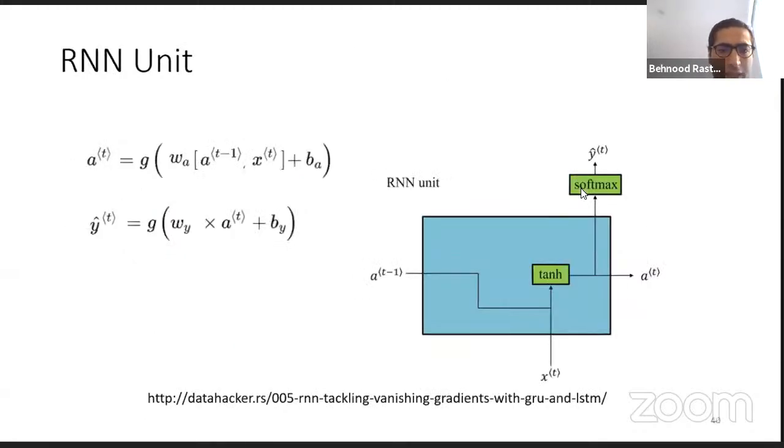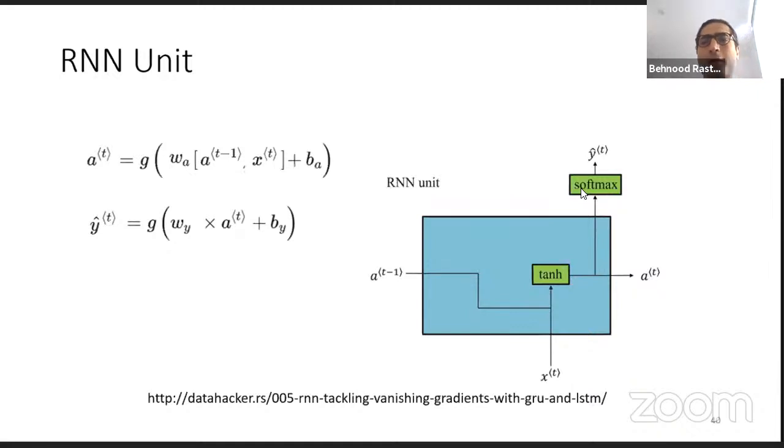So, as we already discussed before, there's another problem with RNN: it cannot memorize long dependencies. And as some of the audience suggested, it's because of vanishing or exploding gradients.